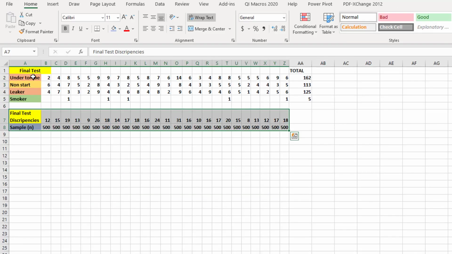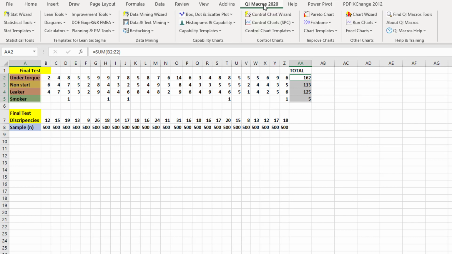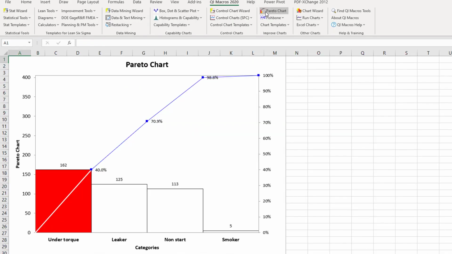Because the discrepancies are in 4 categories, you select these and the totals: under torque 162, non-start, which are not going to start, 113, those who are leaking 125, and smoking, those who are smoking too much, are 5. Now you select these and construct a Pareto chart.